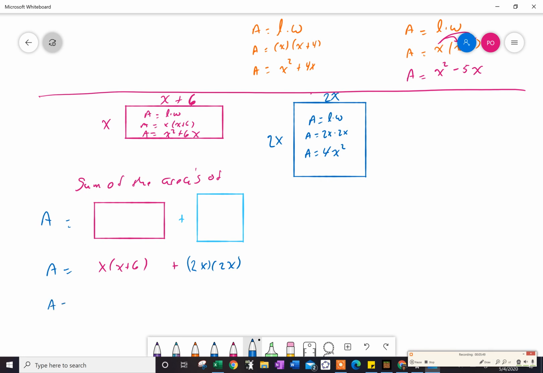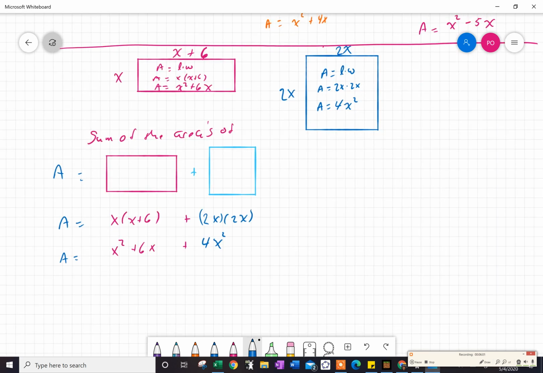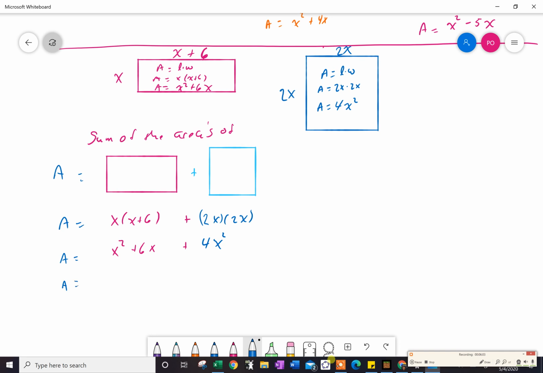So our area is going to be x squared plus 6x plus 4x squared. And now I'm going to get area equals, well, 4x squared plus 1x squared is 5x squared. And I still have my 6x remaining. And it's still square units. Units squared. All right, so that's the sum.